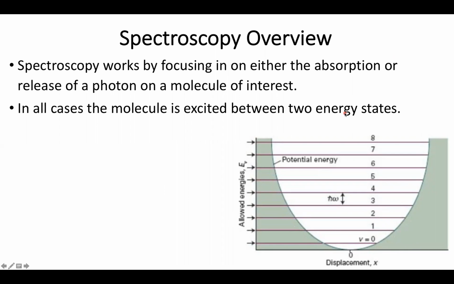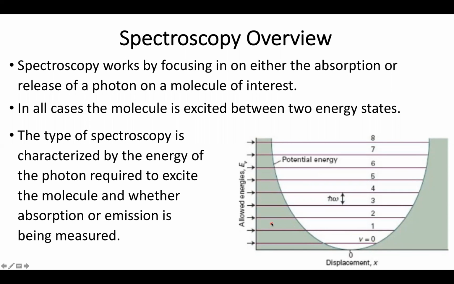So in this case, I have a molecule that's going to be excited from a lower energy state up to a higher energy state. Now, one of the important things to realize is that there is a wide variety of types of spectroscopy, and essentially they're characterized by two key features.